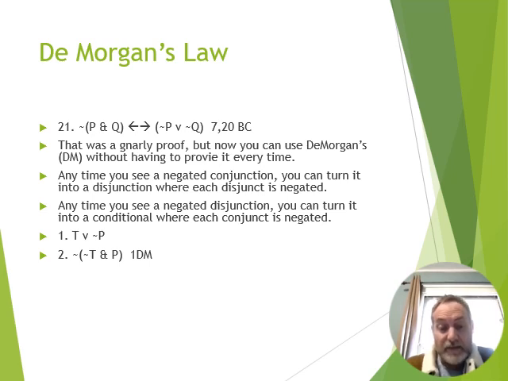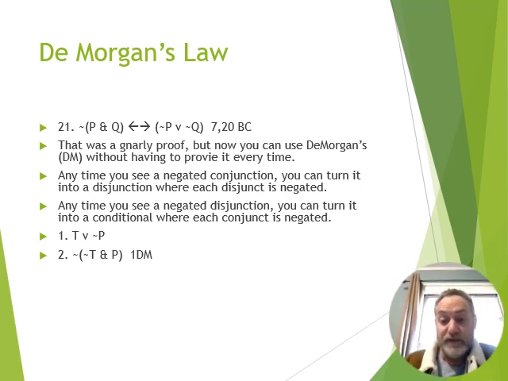So T becomes not T, not P becomes P, right? That's a valid use of De Morgan's. So it's not always as straightforward as P and Q becomes not P or not Q, right? If you had, again, P and not Q, that would become not P or Q, right? So the negations, again, Q is the negation of not Q.